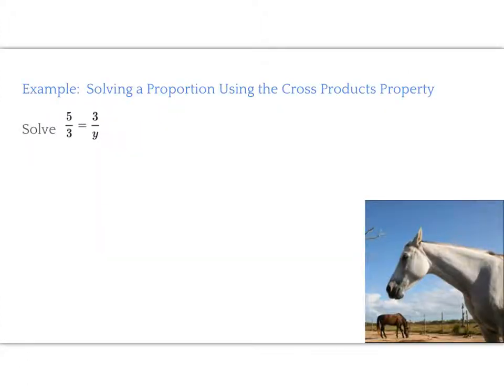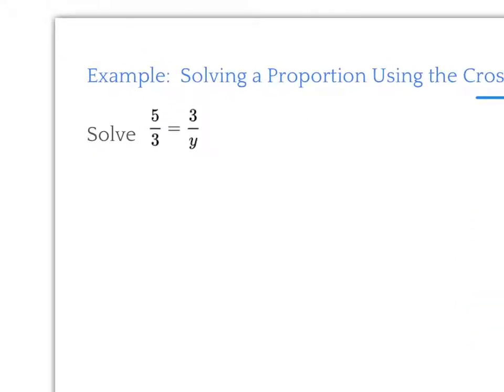Example: solving a proportion using the cross products property. The instructions say solve the proportion 5/3 equals 3 over y. The cross products say we'll multiply 5 times y and we'll multiply 3 times 3.